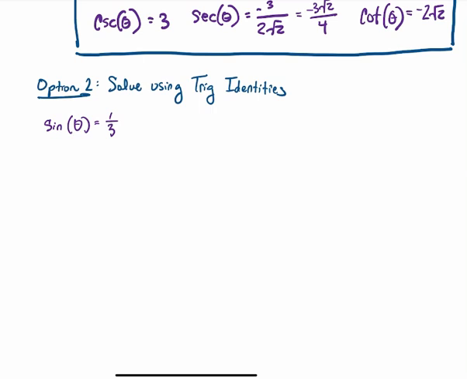So we can use the Pythagorean identity that sine squared plus cosine squared equals 1. Since we know what sine is, we can solve this for cosine. So let's do that. Sine squared would be 1/3 squared plus whatever the cosine squared is will be equal to 1.